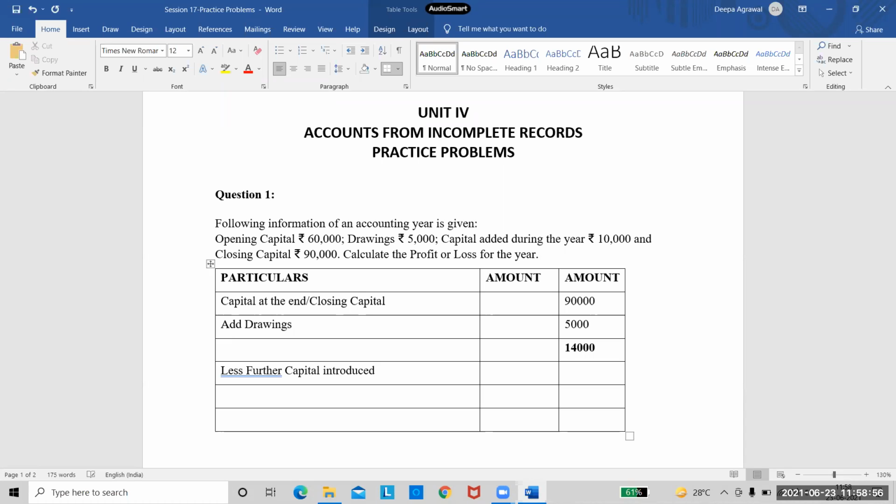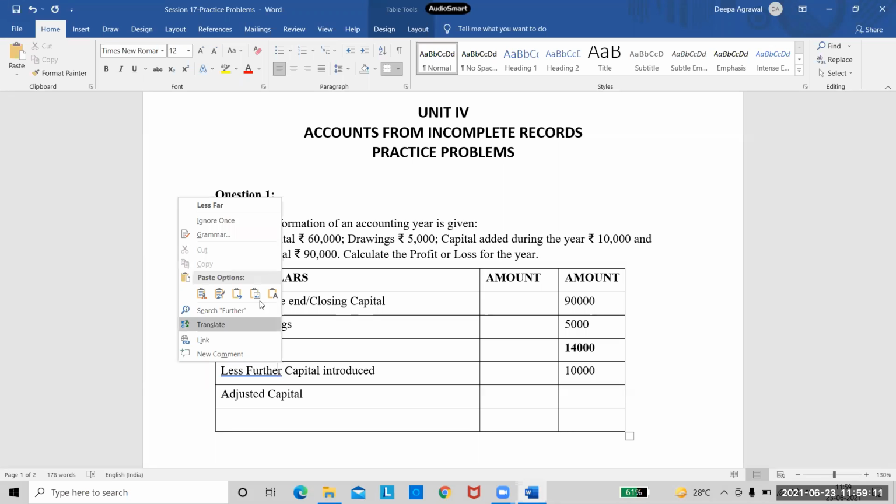Further capital introduced is given to me as 10,000, so I need to deduct that amount. And whatever I get now will be called adjusted capital. Remember that.